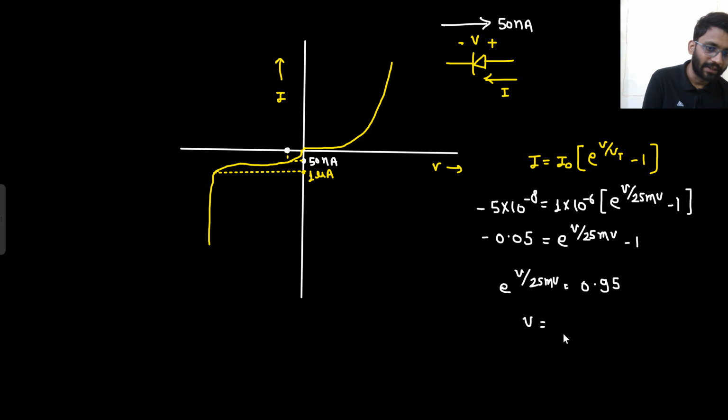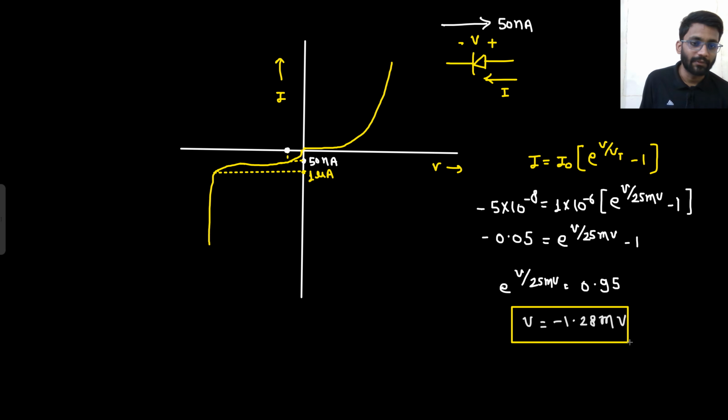So the value of V we will get is ln 0.95 into 25 millivolt. This I am getting as minus 1.28 millivolt. So the value of V you are getting is minus 1.28 millivolt.